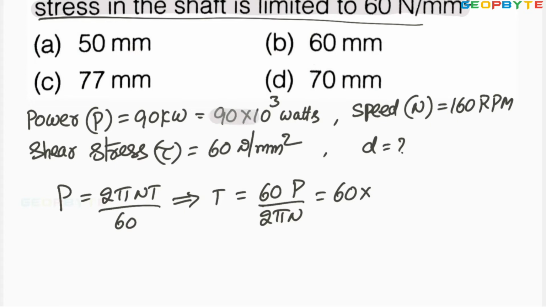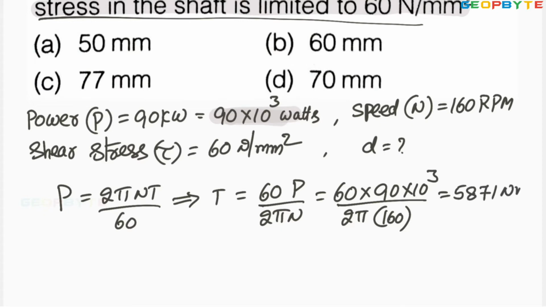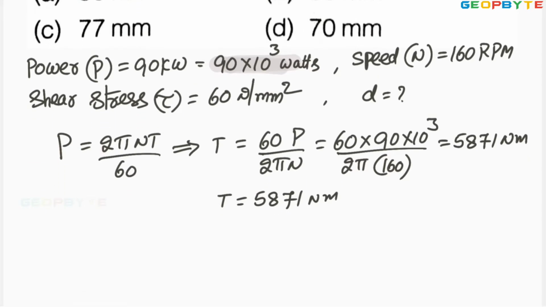Power is 90 kilowatt, 90 into 10 power 3, divided by 2 into pi into n, which is 160. You simplify this value for getting the torque 5871 Newton meter. So the torque you got is 5871 Newton meter. You try to convert it into Newton mm.